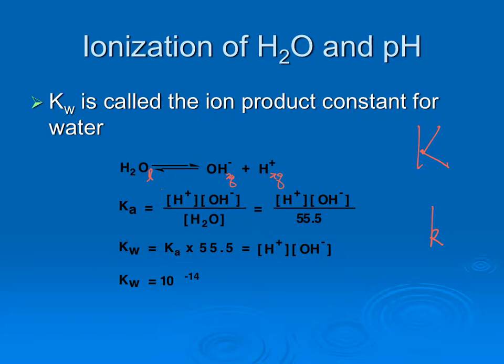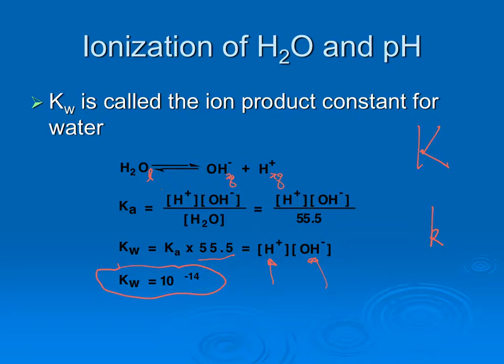That's why the 55.5 suddenly disappears. The Kw under standard conditions is 1 times 10 to the minus 14. So if it's neutral, pH 7, you have 10 to the minus 7 here and 10 to the minus 7 of that. That's where those numbers all come from.